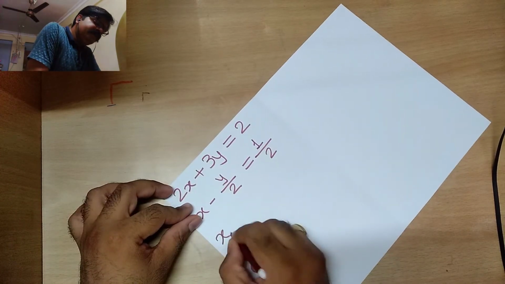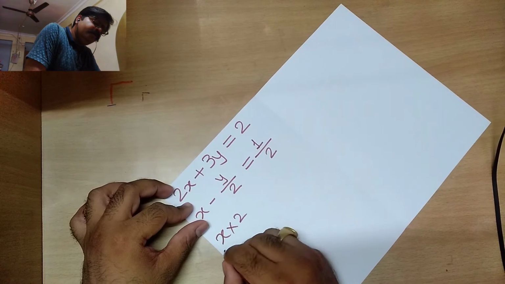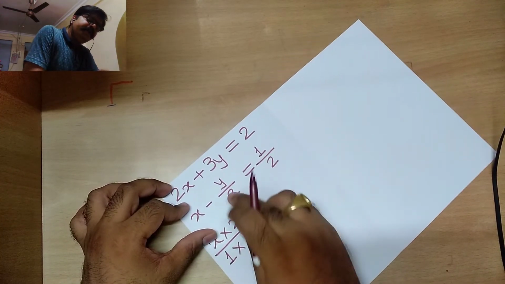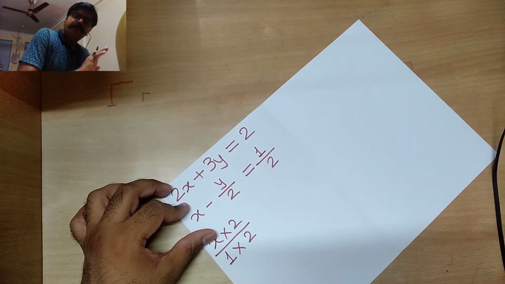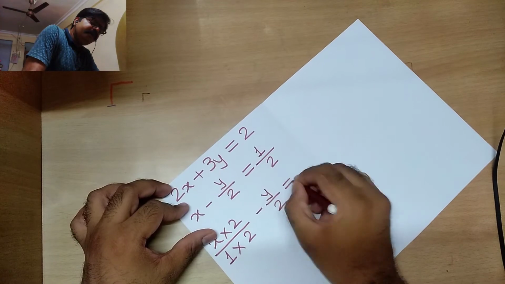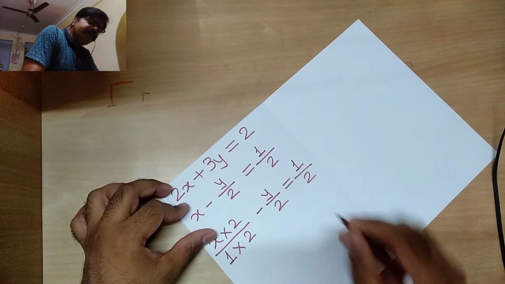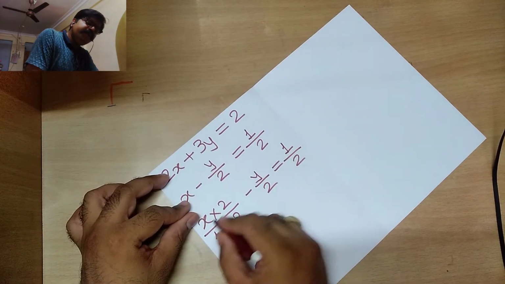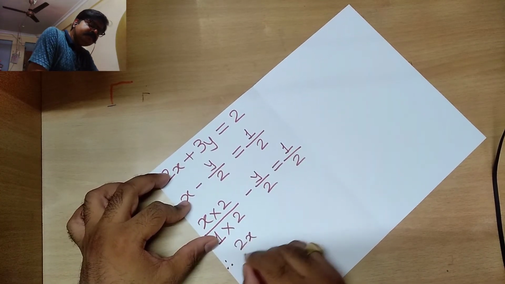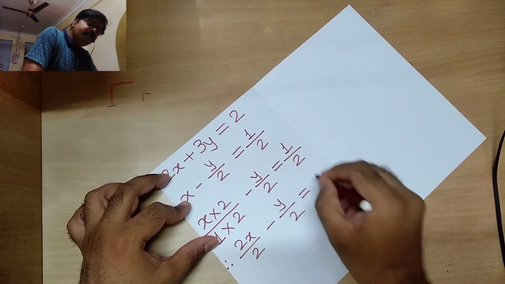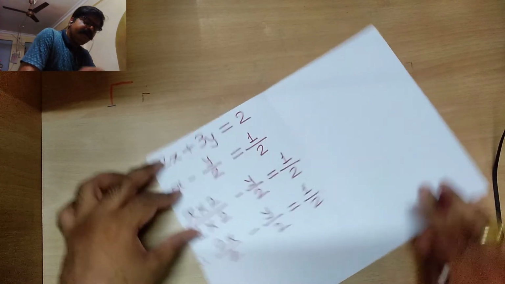Therefore this x will get multiplied by 2 and its denominator 1 will also get multiplied by 2. These two terms are going to remain same, and therefore minus y divided by 2 is equal to 1 divided by 2. And therefore how exactly will the new numerator be? That will be 2x divided by 2 minus y divided by 2 is equal to 1 divided by 2.